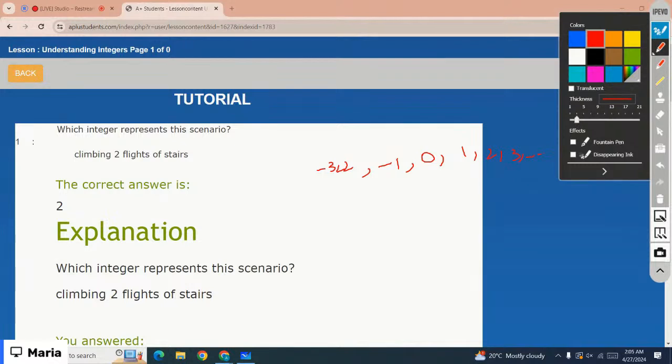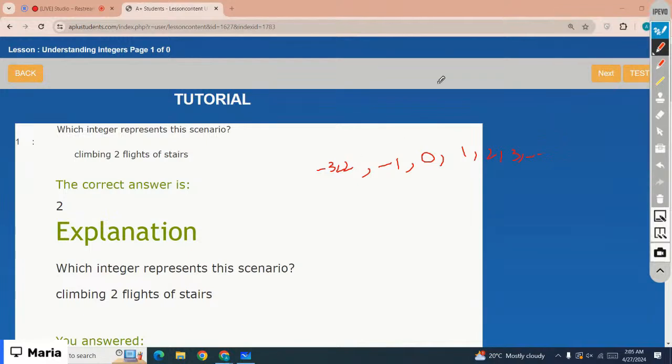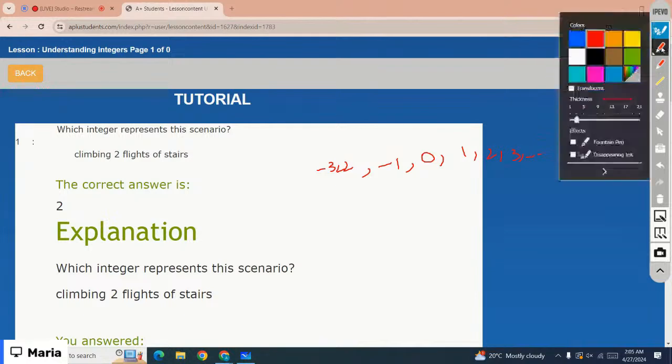Let's start with the example. Which integer represents the scenario climbing 2 flights of stairs? So you are climbing, going up the stairs.